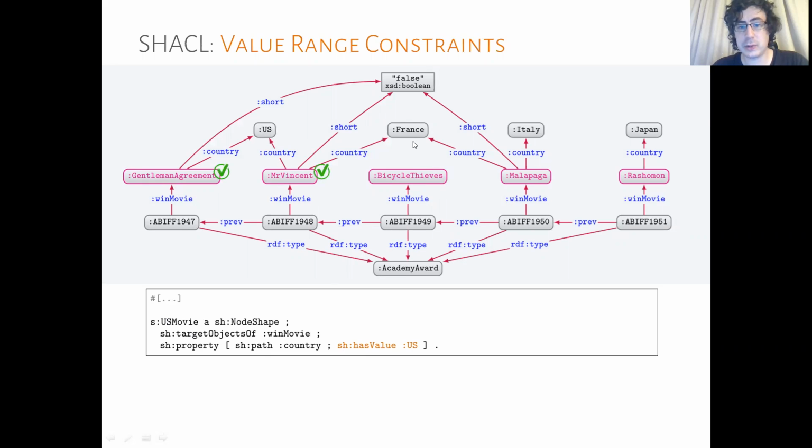No, this one has no country. This fails because it has to have a value of US. So this implies a min count of 1, right? Because it must have at least one value to have that value. This one fails, no country US, and this one fails, no country US.